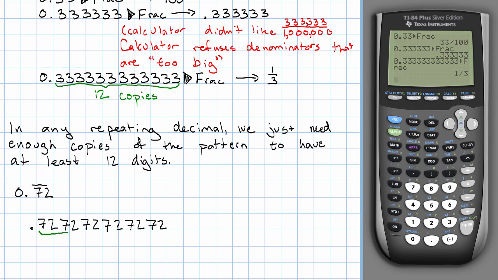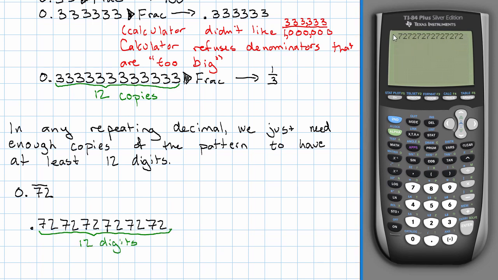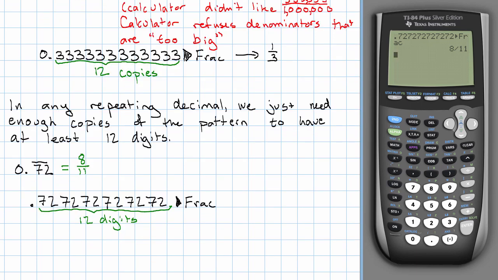Notice that this is 12 digits long. When we enter that, counting again on the screen, 1, 2, 3, 4, 5, 6, 7, 8, 9, 10, 11, 12 digits. That was actually even more than I needed. That converts to be 8/11ths.